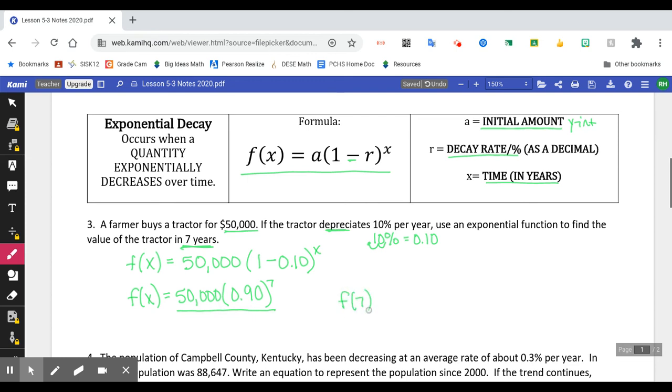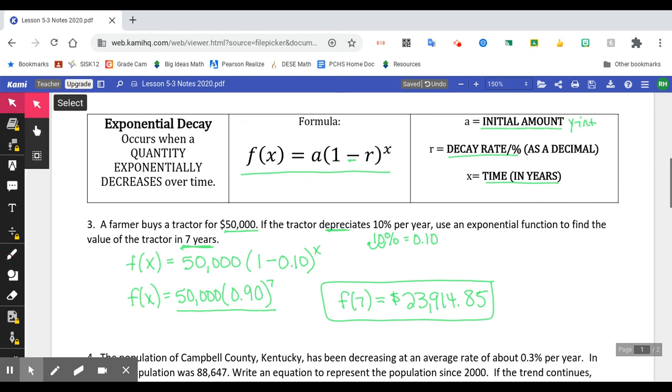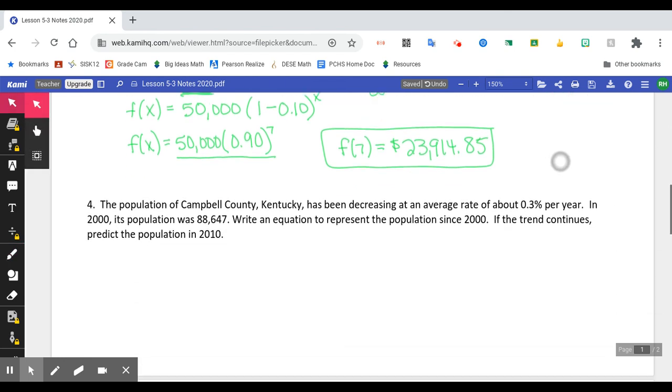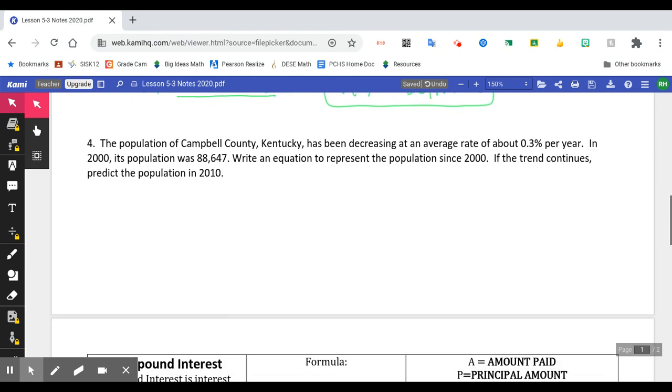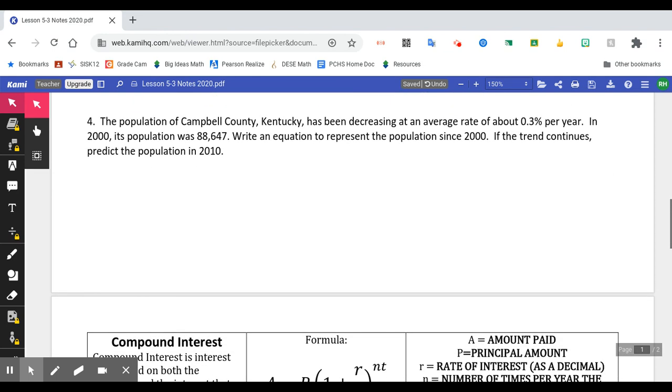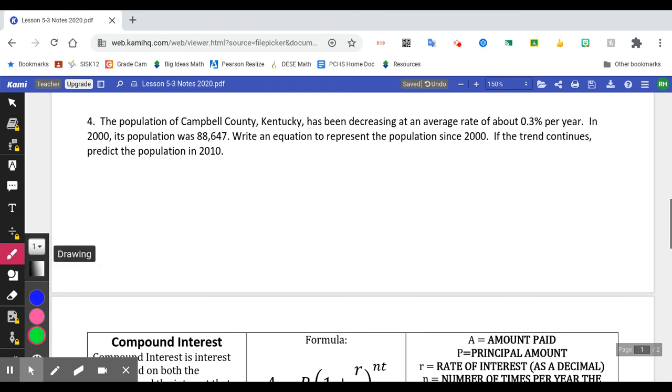Okay, so for 7 years, after you buy your tractor, it's going to be worth $23,914.85. Obviously, a lot less money. We all know that value of cars and vehicles goes down as soon as you drive them off the lot. So this is an example of how fast they depreciate.